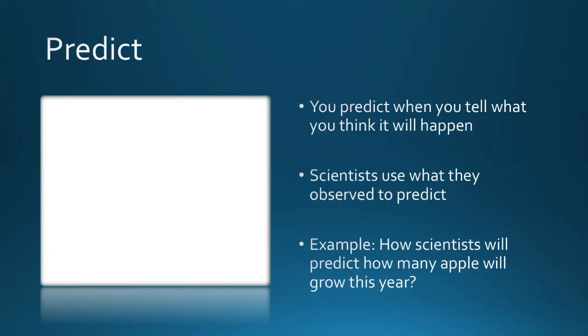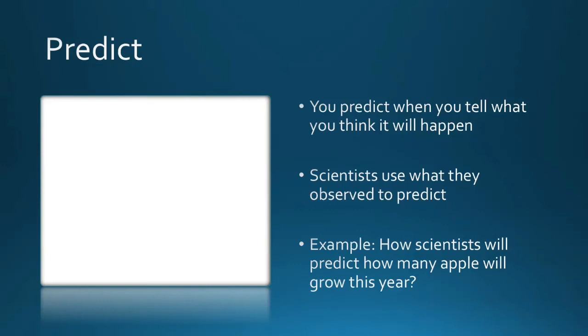How will scientists predict how many apples will grow this year? They can predict, they can guess what will happen, okay? But first they should plant the plants well. They should give the plants the right amount of water and air. Also, they leave space between each plant and the other. They should water the plants and put nutrients in the soil, right?